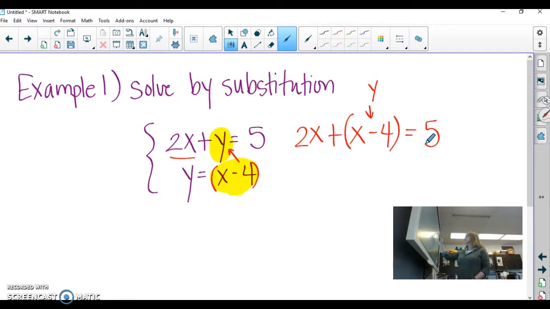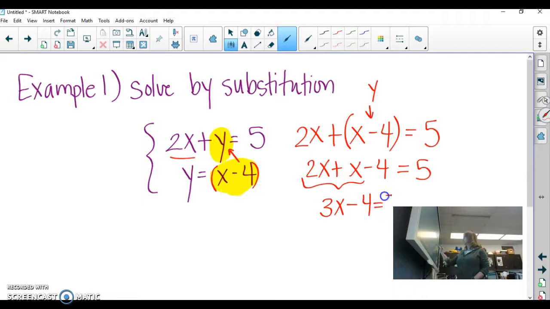Simplifying this, I don't need those parentheses. I put them there just for you to see that I'm putting that whole expression in for y. Combine your like terms. What is 2x plus x? It's 3x. And then I have minus 4 equals 5. And you keep going here. You're going to get the 3x by itself, so we've got to get rid of minus 4.